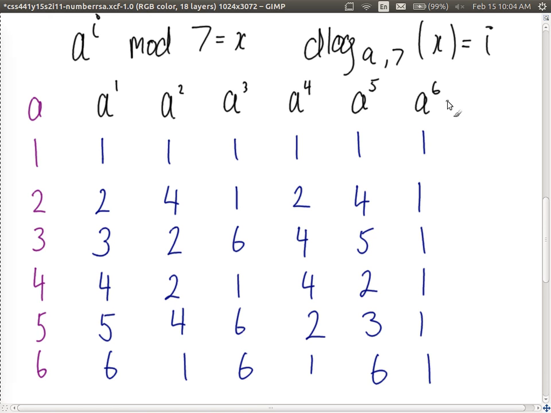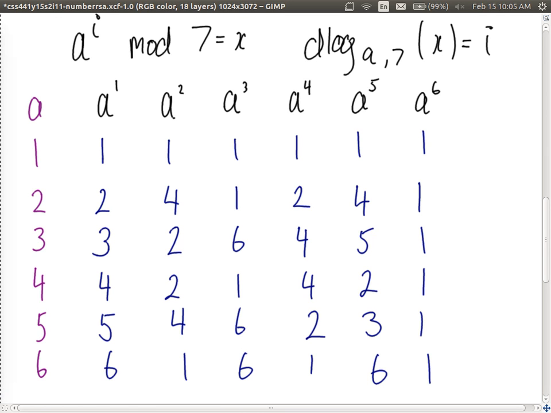The discrete log of 6 is 3. The discrete log of 5 we know is 5. The discrete log of 2 is 2. Because when the base is 3, we note that these 6 values are distinct.